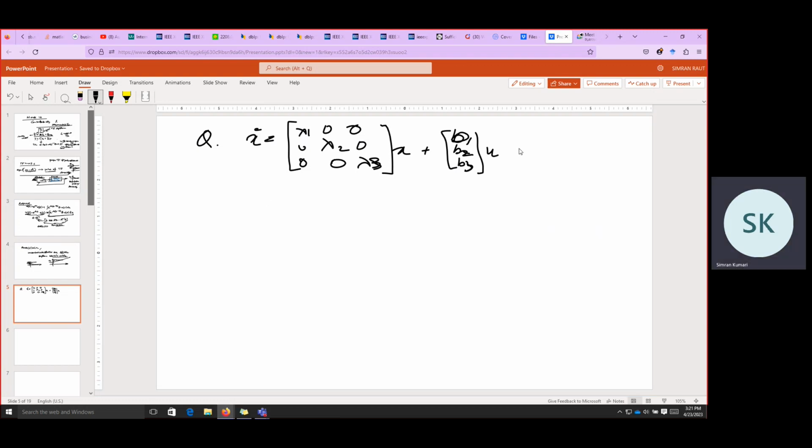This is a modal form or diagonal form because these are the eigenvalues. And we have to see in what condition this system is controllable.